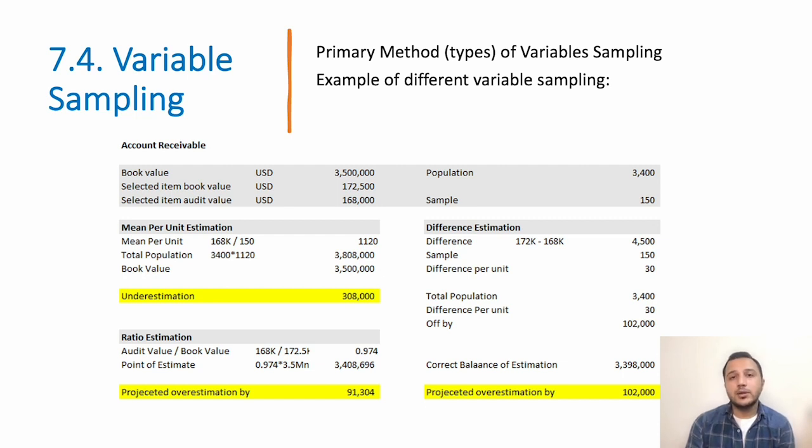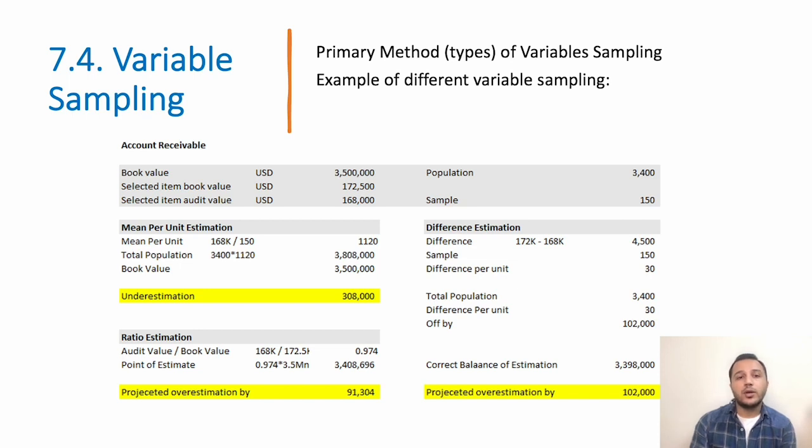The third method is ratio estimation, where we look at 168 as the actual audited value, whereas management has booked 172 in the accounts, which becomes 0.97, or 97%.